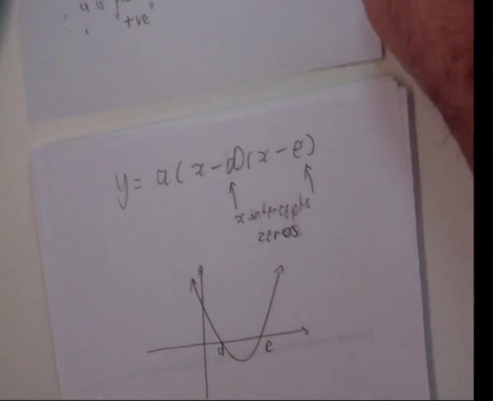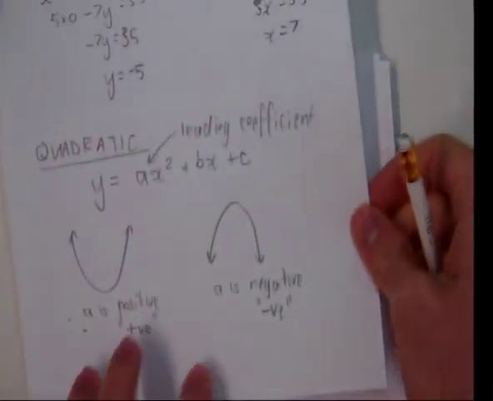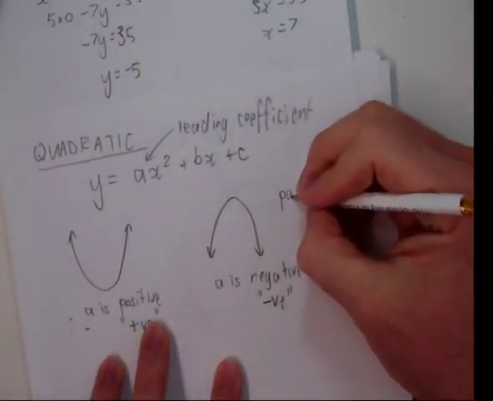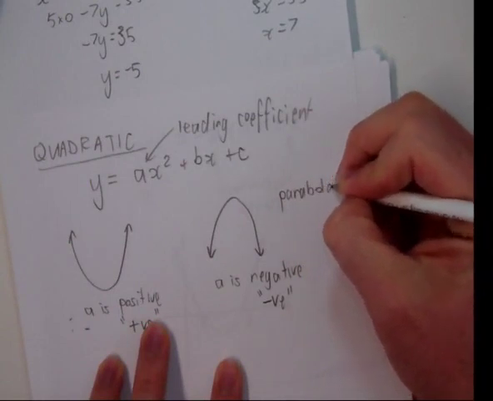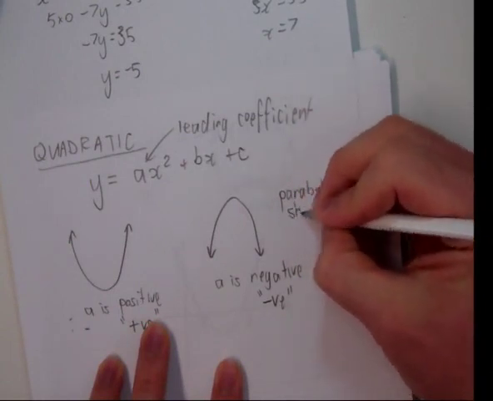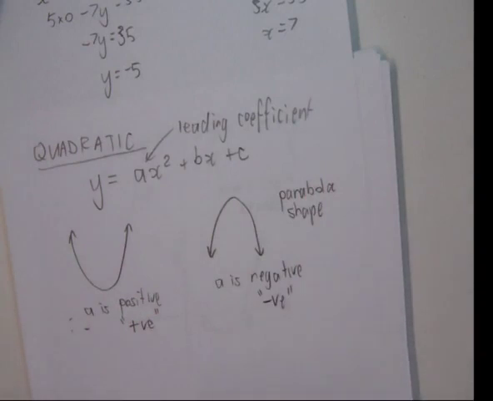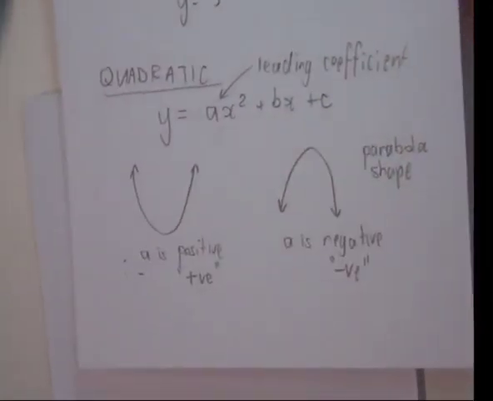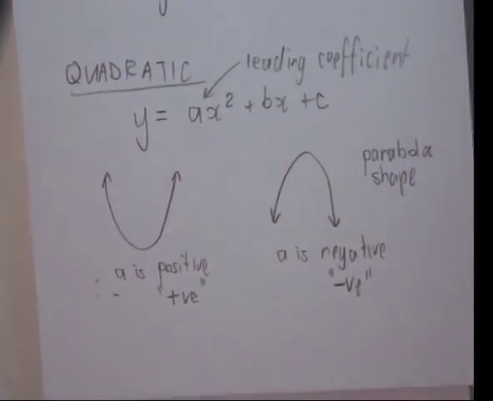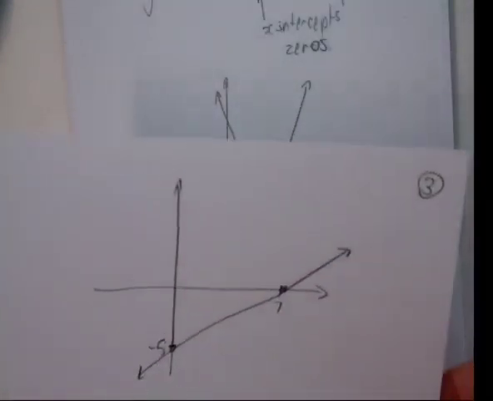This shape, by the way, is called a parabola. Parabola. That's how it's pronounced here. It literally means like a ball, because it's the shape a ball makes when you throw it.